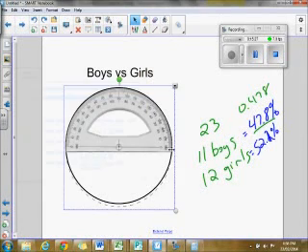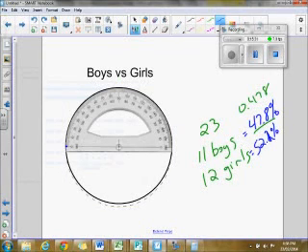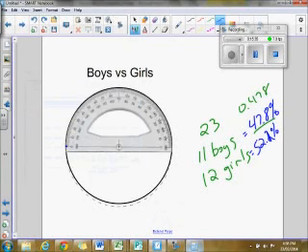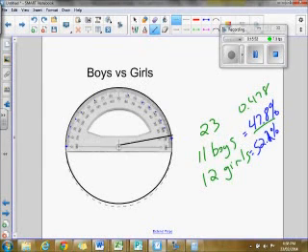So on my protractor, I get my 0 here, and I go 172 degrees. So I go 10, 20, 30, 40, 50, 60, 70, 80, 90, 100, 110, 120, 130, 140, 150, 160, 170, and 2 right there. Again, I join that line to the circle, and voila, and I start my start line.